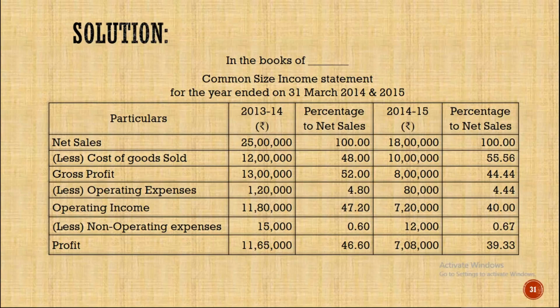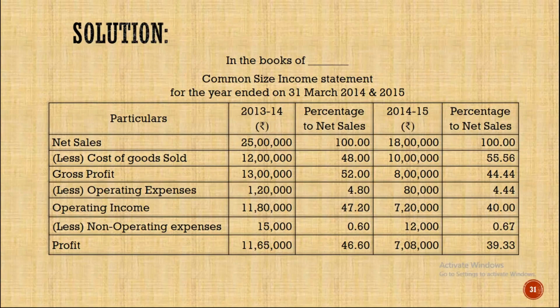So it is percentage to net sales. And here we can see that at the end, the profit figure in the year 2014 is 46.60%, while in 2015 it is 39.33%. That means it has decreased.